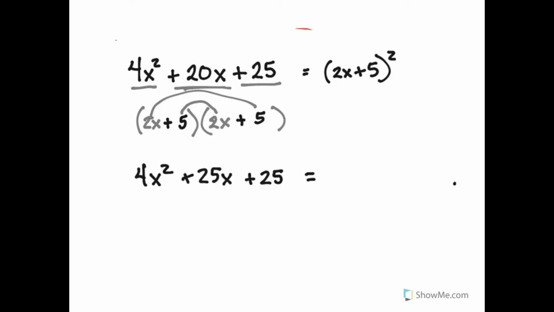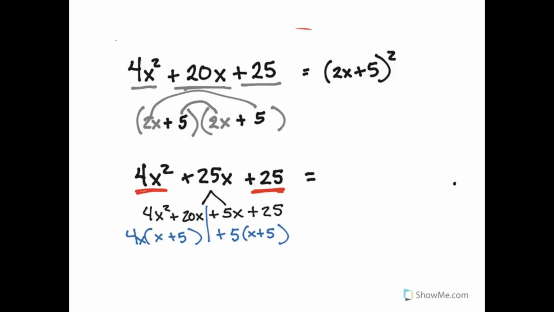Now if you look at this other one here, even though it starts and ends with a square, the middle term doesn't work out. It's not 20. On the other hand, it is factorable. If we use the AC method, 4 times 25 is 100, and factors of 100, 20 times 5, add to give me 25, 20 plus 5.